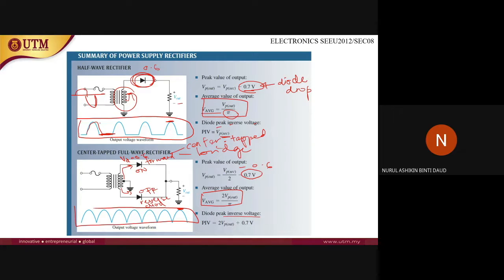Only the positive region of the input voltage is transferred. For the center tap full wave rectifier, the waveform will look like this. It will transmit both the positive and the negative region of the input voltage source.